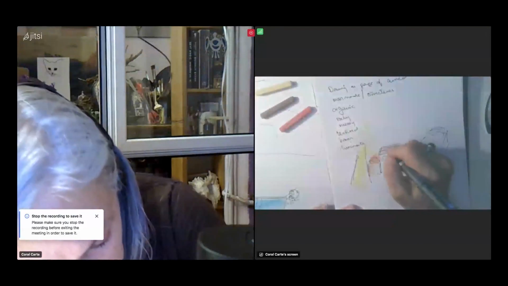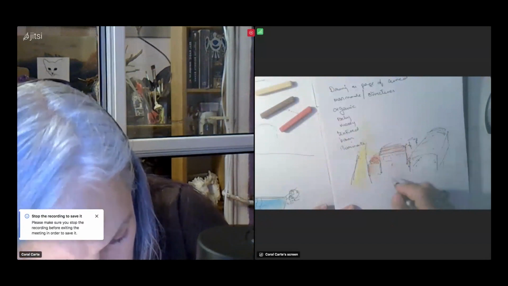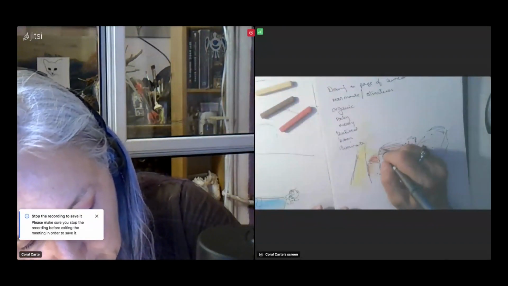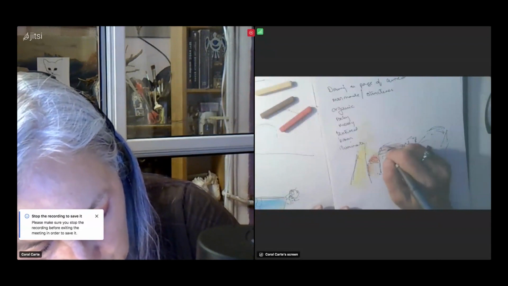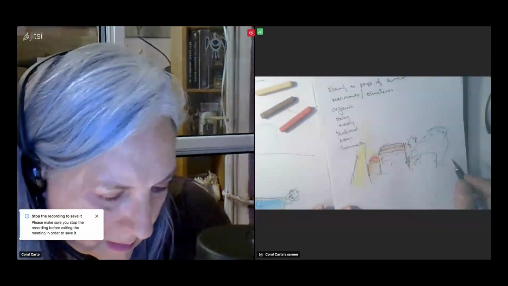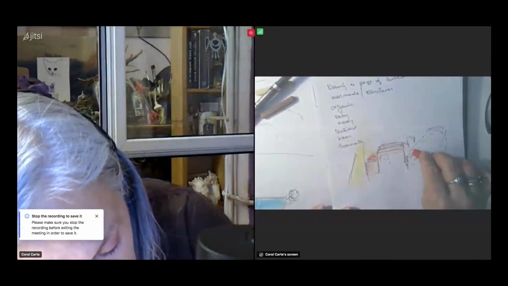And this is just a detail. And there do seem to be lots of smaller structures in here. And this is colored pretty.